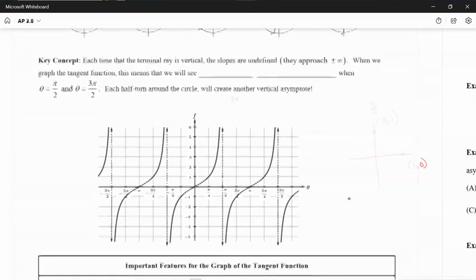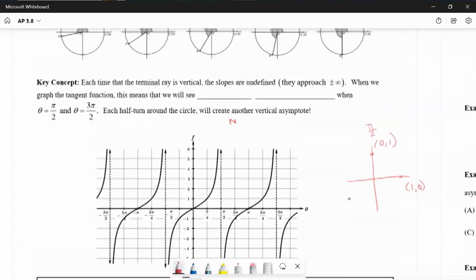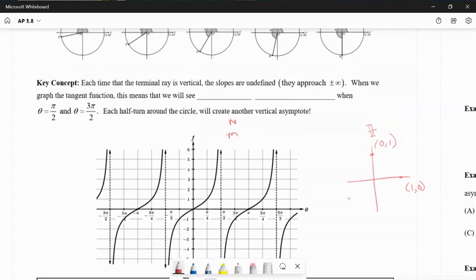All right, so our slope here is going to be y over x, which in this case is 1 over 0, and so we see how that is undefined here. Then we're going to have the same thing at 3 pi over 2, which is down here, because this point is 0, negative 1.